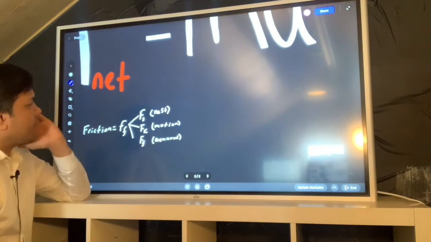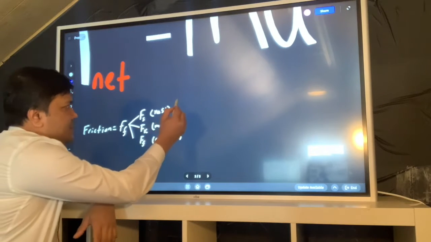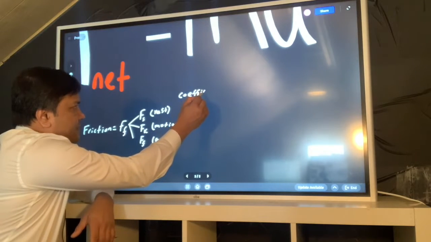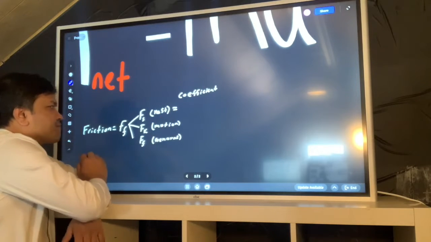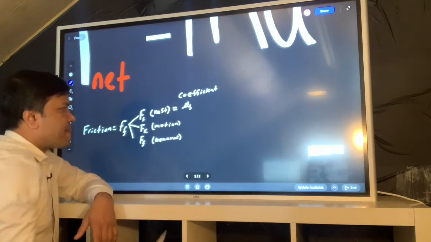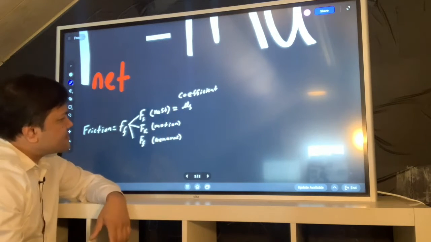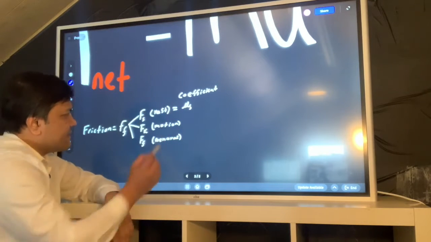Now, let me write the coefficient of friction. The coefficient of static friction is mu s. This is a Greek letter called mu, and s is for static.